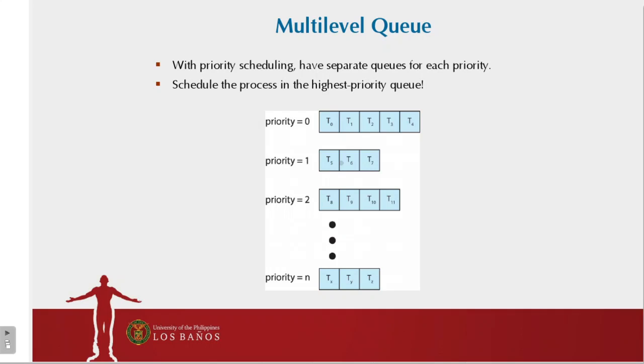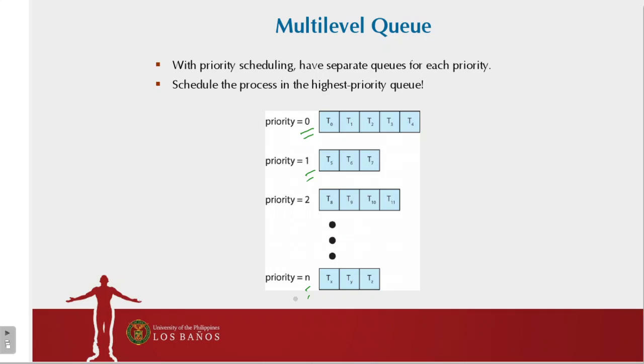So we can have something like this. We can have a queue for processes with priority 0. Then we can have a queue for processes with priority 1, etc., up to n. Normally, modern operating systems implement these types of multi-level queues or run queues.